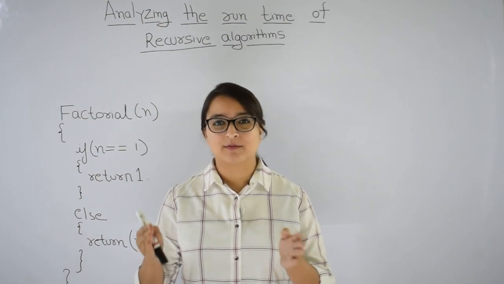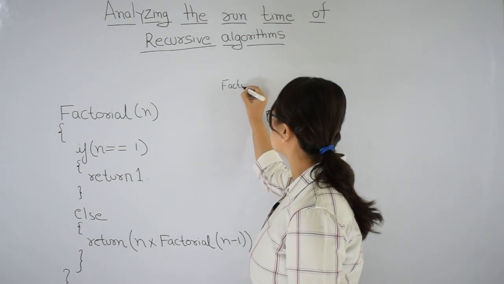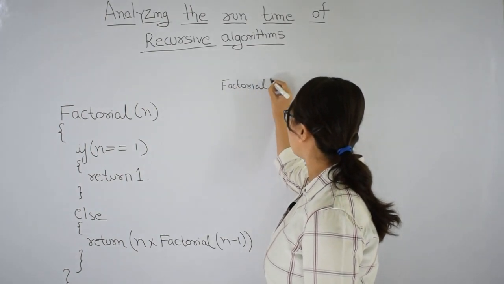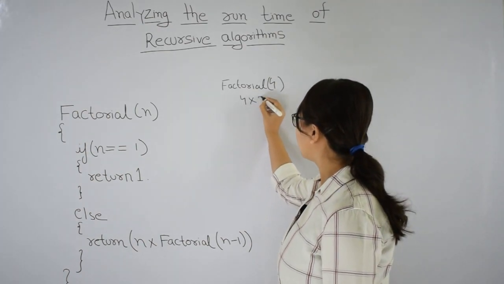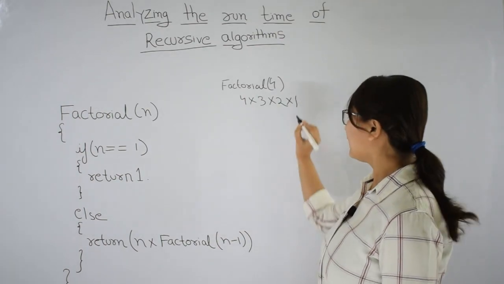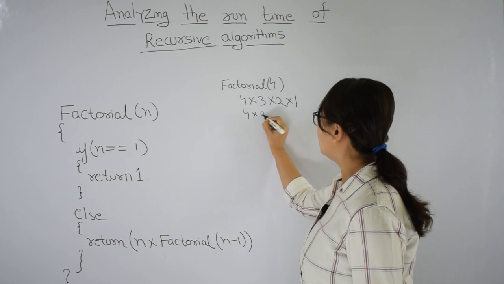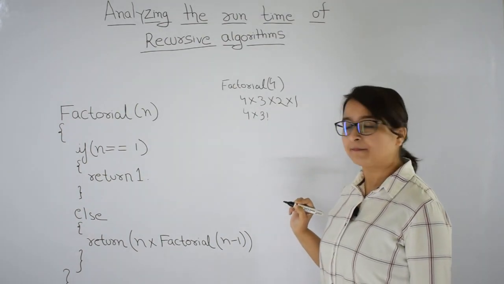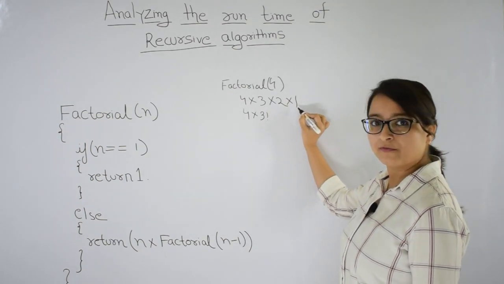For example, if you have to find factorial of 4, factorial of 4 will be 4 into 3 into 2 into 1. Now, this you could write as 4 into factorial of 3, because factorial of 3 is 3 into 2 into 1.